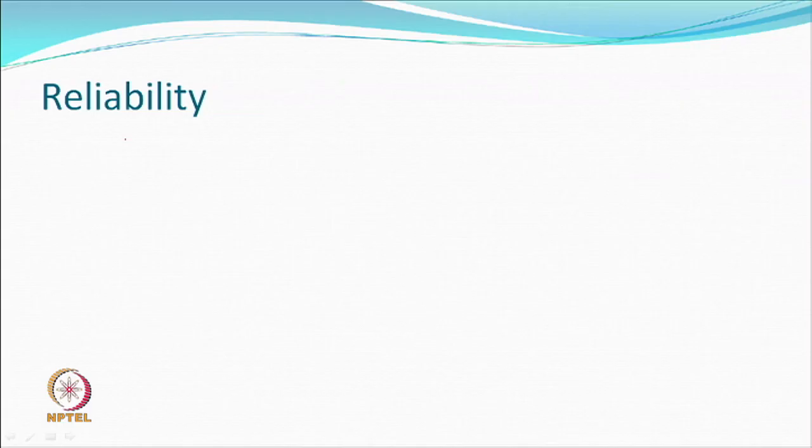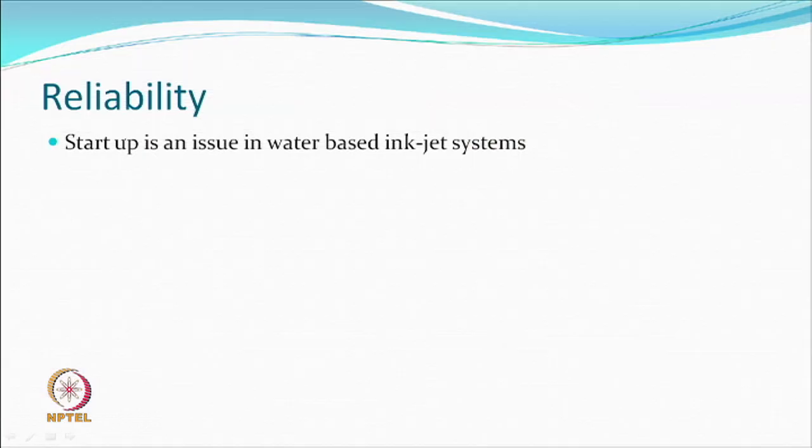All that has something to do with the surface tension. So, this is what in some sense determines the reliability of printing or jetting. Startup, that is, you start the machine and everything should come to the fore, would also depend on this. Water based inks generally have this issue, and so reliability has to be increased.